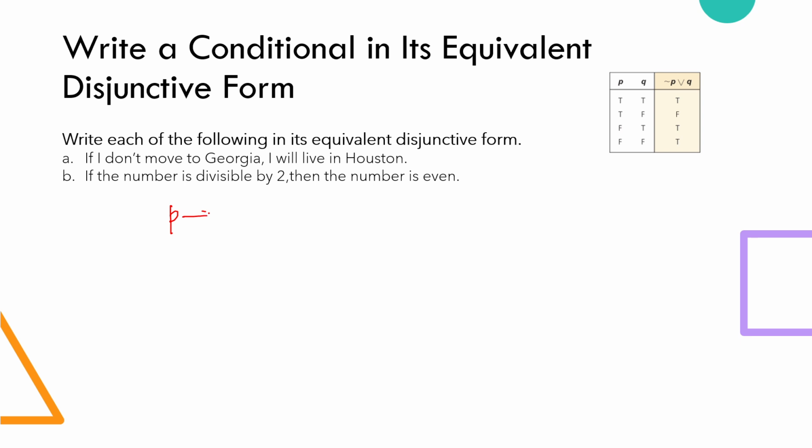P implies Q equivalent to negation of P or Q, or this is disjunction of Q. So if I don't move to Georgia, so letter A, if I will move to Georgia, because I don't, so the negation is I will move to Georgia, or I will live in Houston.